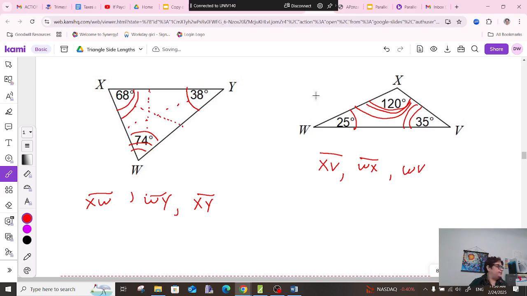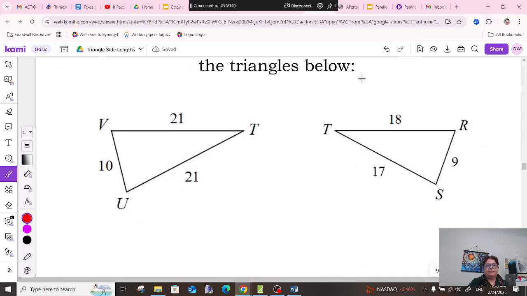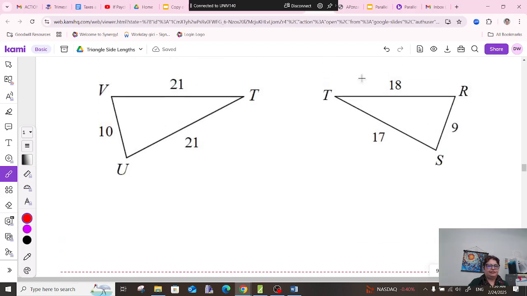Questions? Concerns? Okay, now they gave you the sides, and you have to figure out the angles. But this one, look at that. They're the same, which leads us to another theorem. In an isosceles triangle, the angles opposite the congruent sides are congruent.